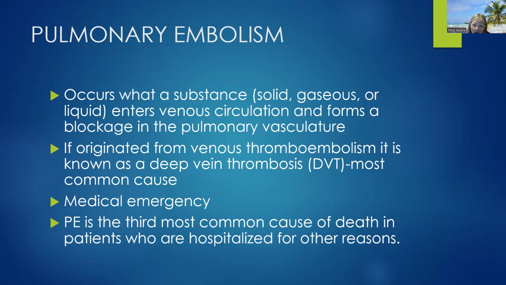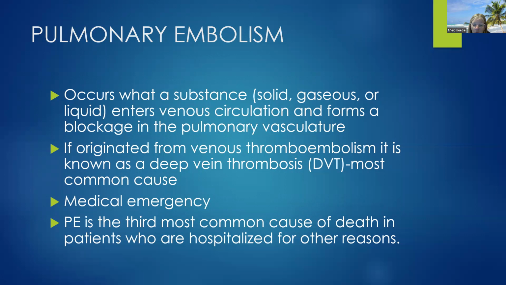This is seen as a medical emergency, and also note that PE is the 3rd most common cause of death in patients who are hospitalized for other reasons. So there are many risk factors for pulmonary embolism, and again, by far, the highest risk factor is a DVT. Also, with the DVT, you've got Virchow's triad.